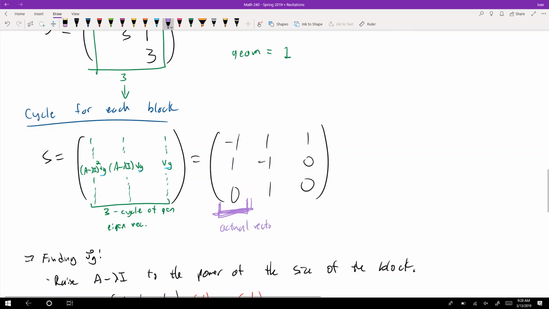And in general, the leading vector of a cycle is an actual eigenvector. The others, these other two, must be generalized eigenvectors.